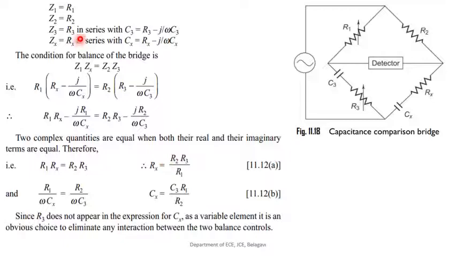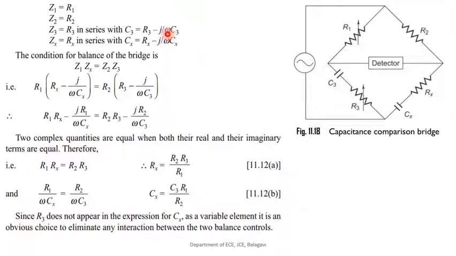So we have to use the equation. Z1 is R1, then Z2 is R2 here. You can see there is no capacitance or inductor in these two branches, so Z is equal to R. Whereas for Z3, the third branch, it is given by R3 minus j divided by omega C3, where omega is the frequency part, 2 pi f.